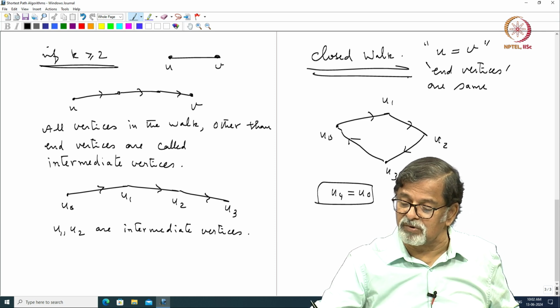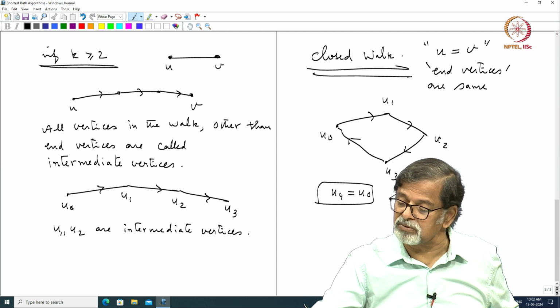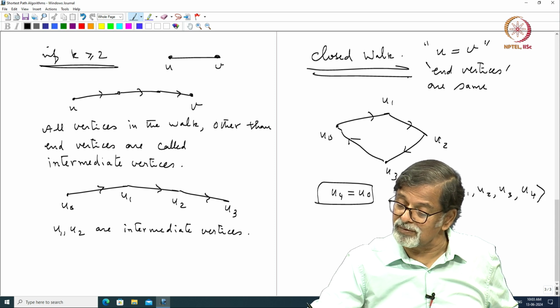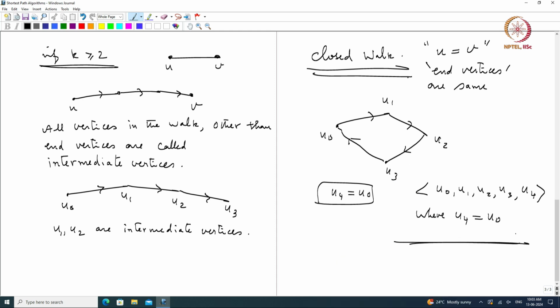So, we represent the walk by u0, u1, u2, u3, u4, where u4 equal to u0. After u3 you have come back to u0. Therefore, a closed walk can be represented in this way.